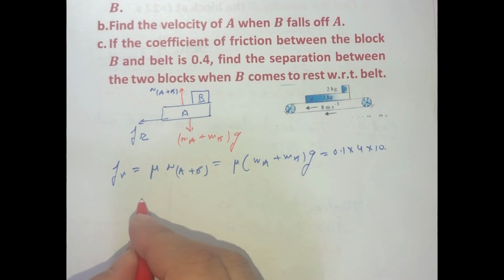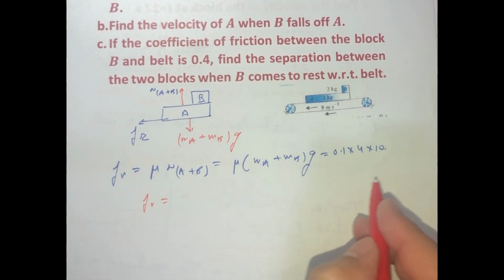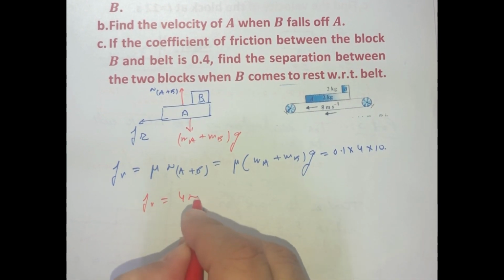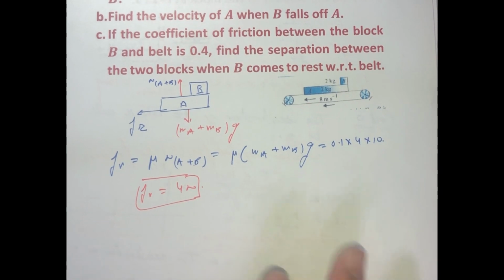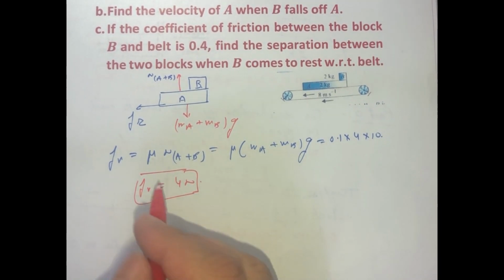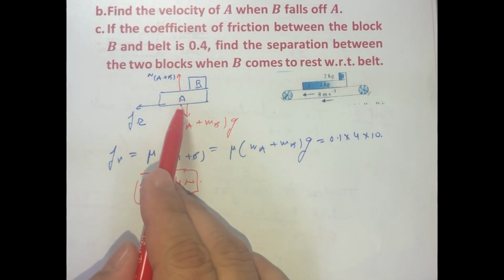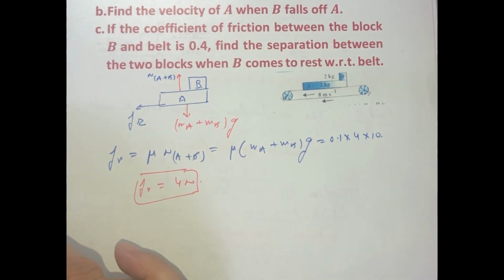So we get FR is equal to 4 Newton. Because of this force, the block A will be moving leftward.